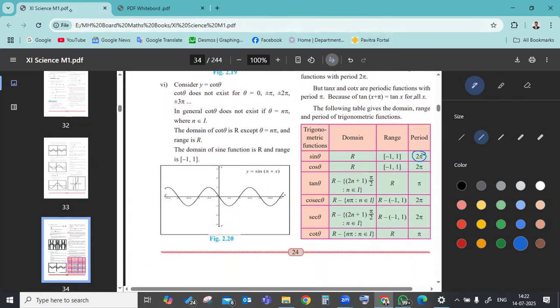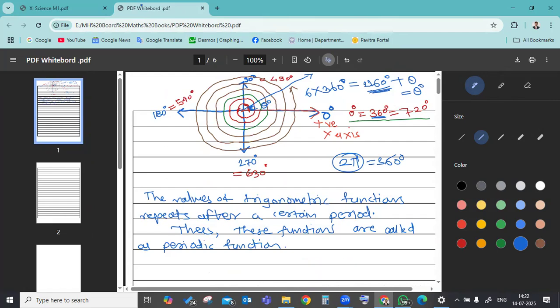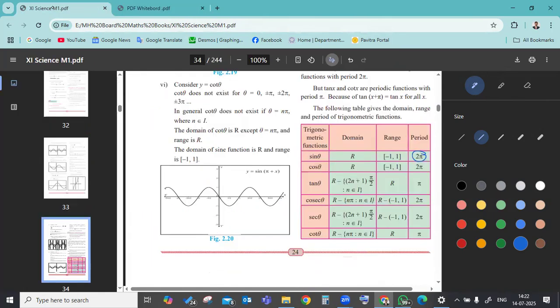That means the value of sin theta repeats after 2 pi. See here, 0 degree, 360 degree, 720 degree, and so on. On continuing this way, we will be getting the same values again and again. Cos theta, its period is 2 pi. Tan theta, its period is pi radian. Cosec theta, its period is 2 pi. Sec theta, its period is 2 pi.